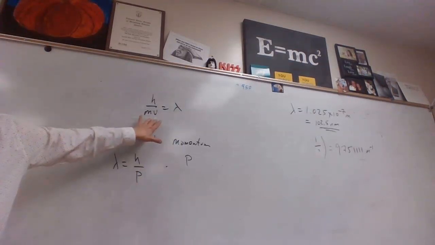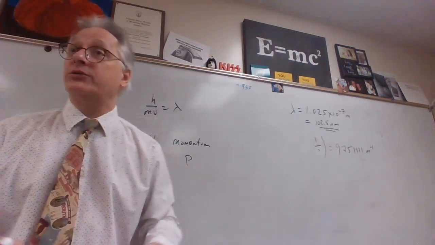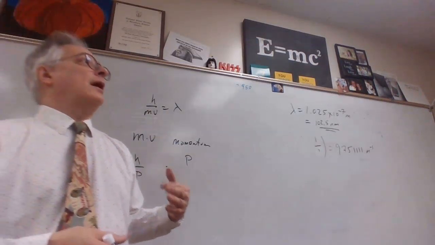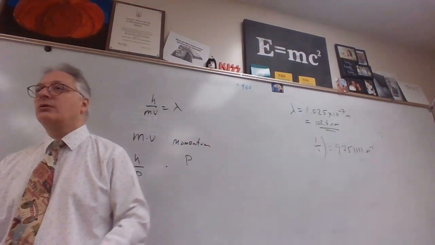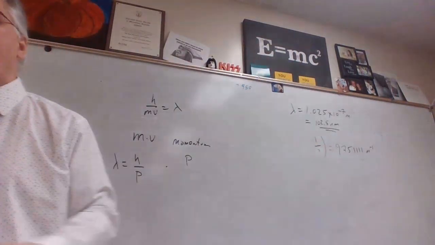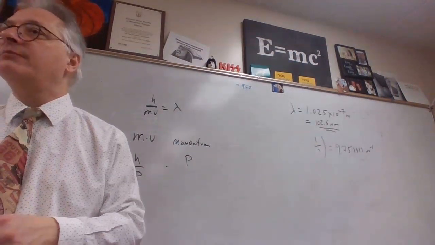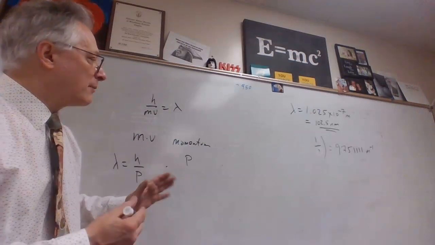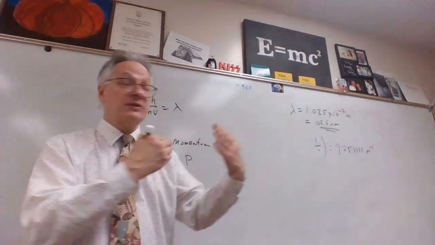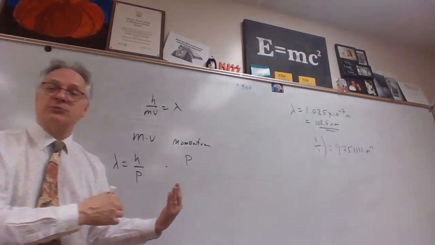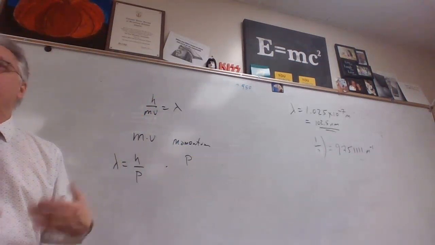So you use this equation, and this is the kind of question I would give you on a quiz or a test. I would say, I have an alpha particle whose mass is, and I would give you the mass in kilograms. I have an alpha particle moving at 0.7 c. Remember, I told you that these are very high speeds, and we relate it to the speed of light.